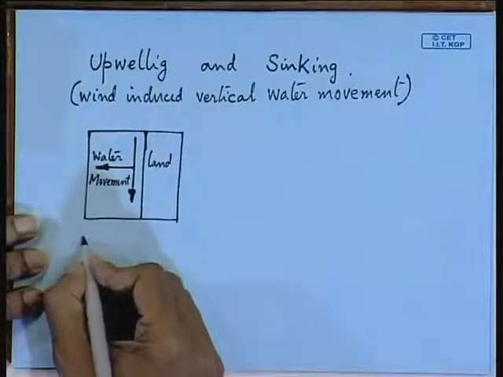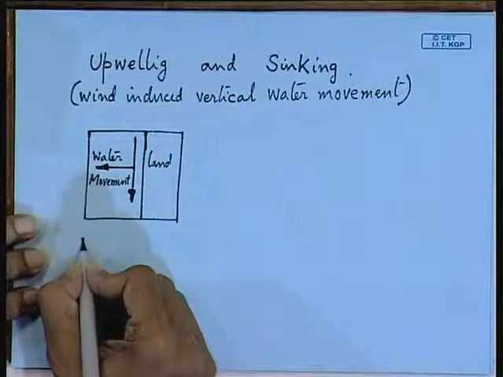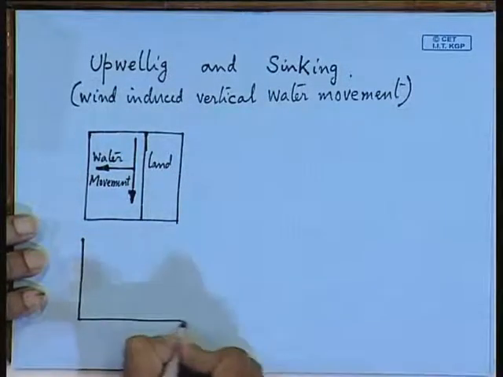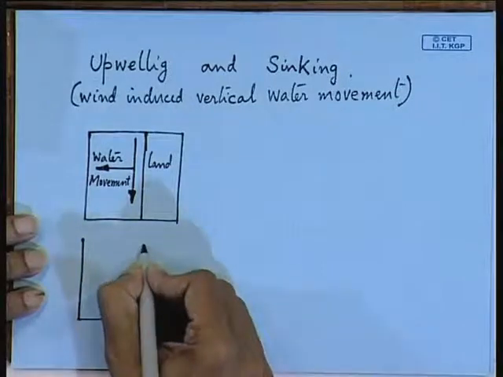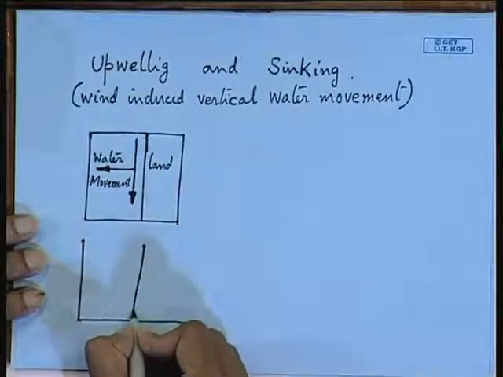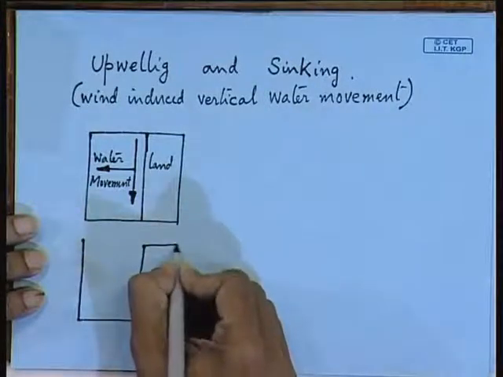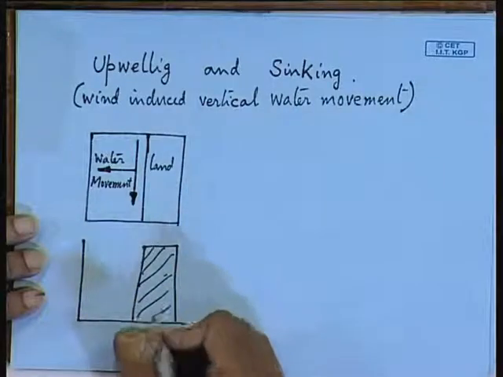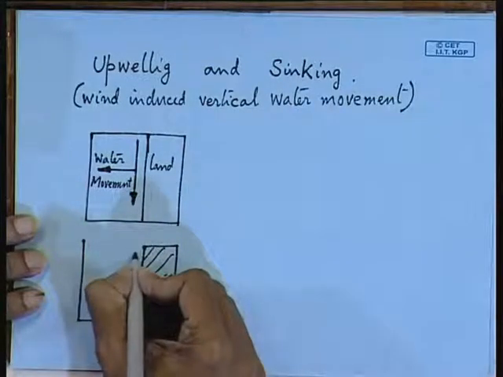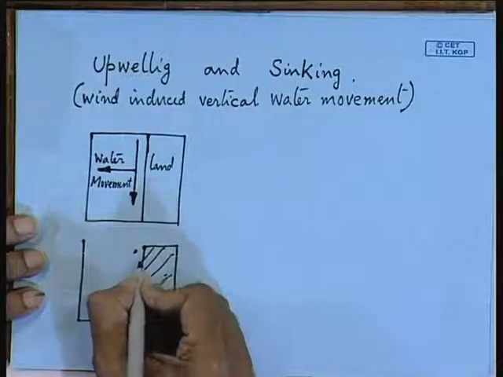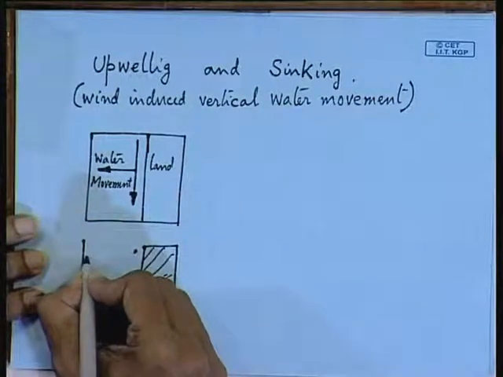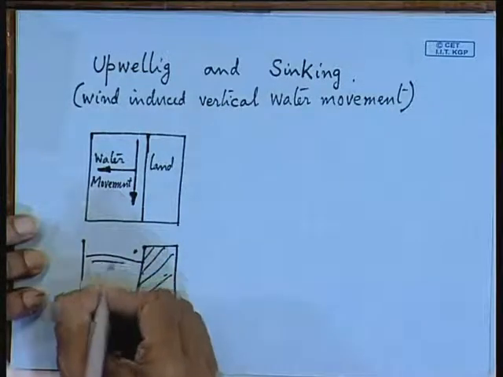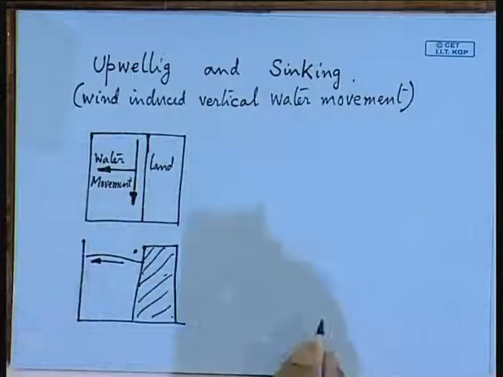Now if you look at the cross section, you will find that the situation is like this. So this is your land cross section. Your wind is coming in this direction, and at the sea surface your net water transport is going towards the right.